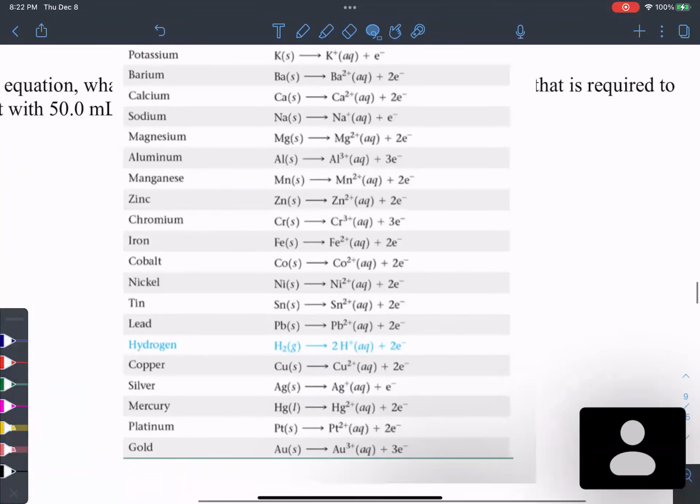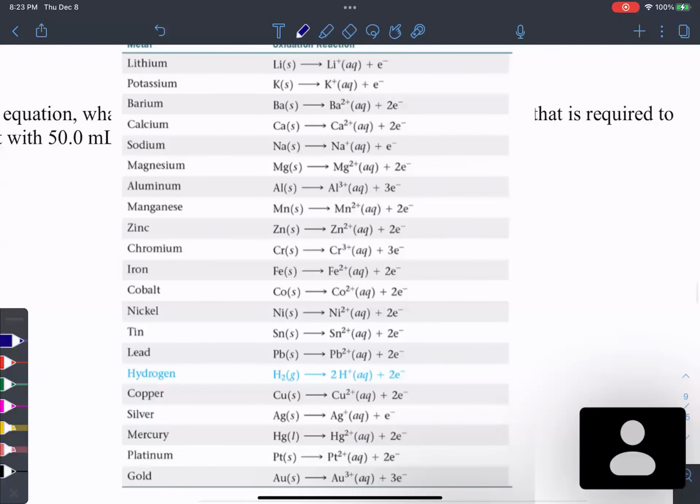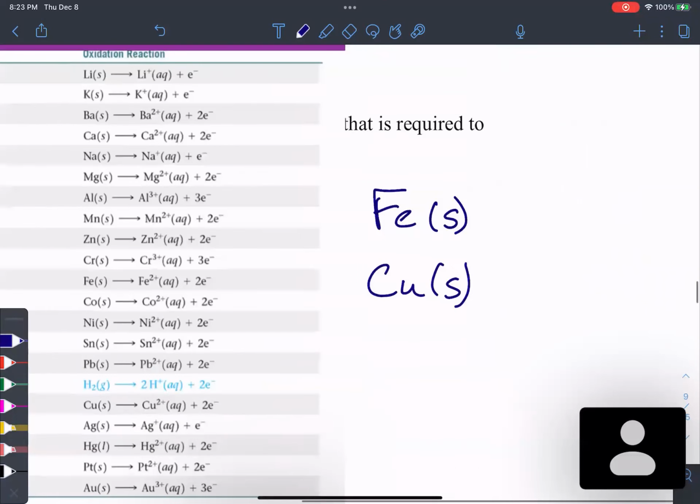All right. I have iron and copper, and I want to separate them. How can I separate them?